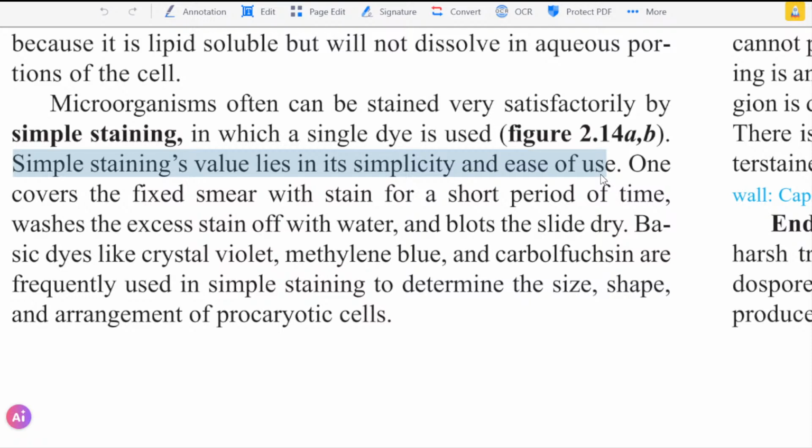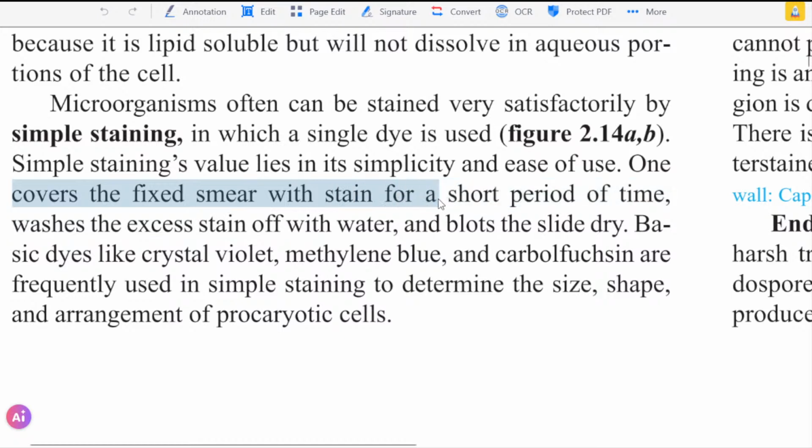It's as simple as that, right? So one covers the fixed smear with a stain for a period of time, washes the excess stain off with water, and blots the slide dry. You make a fixed smear, then put a stain and leave it for a short period of time, then wash the excess stain off with water and let the slide dry.